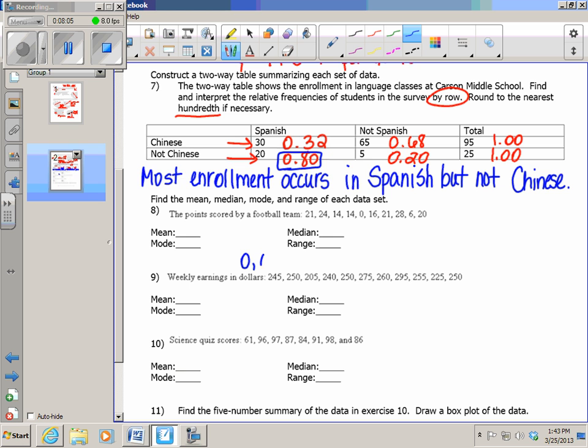I have a 6. Then I have 14, 16, 20, 21, 24, 28.